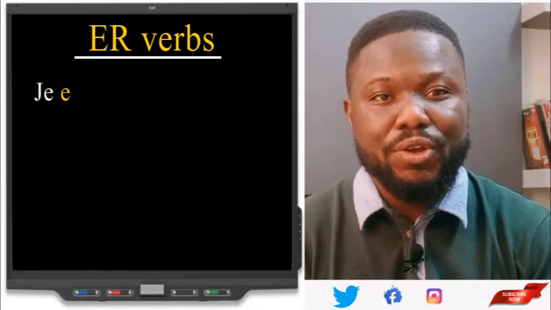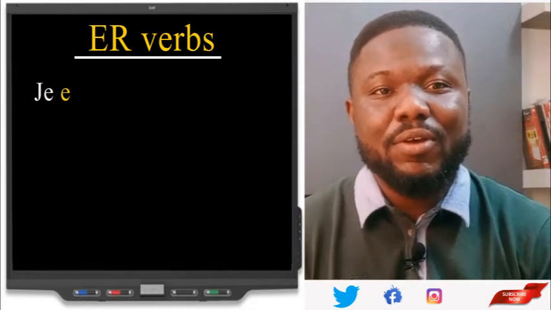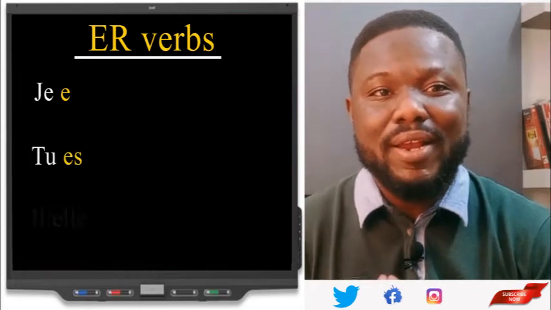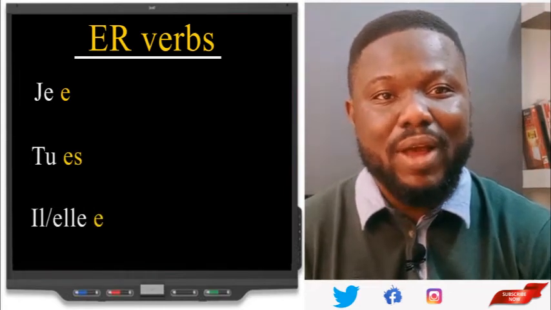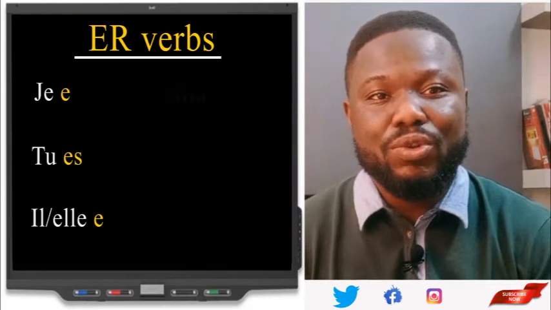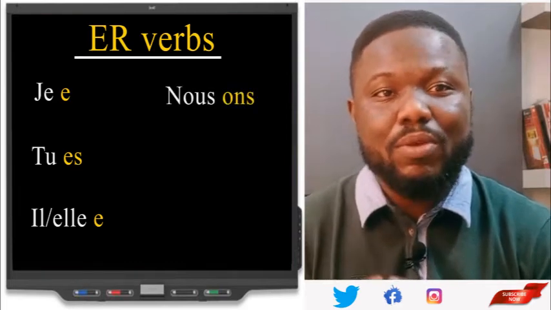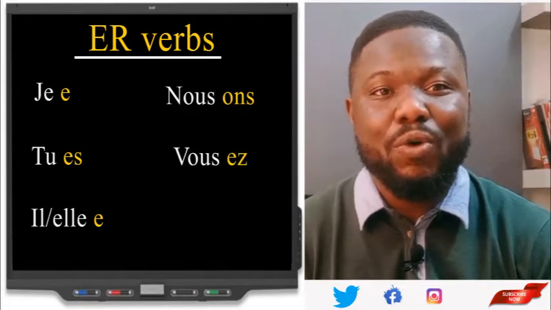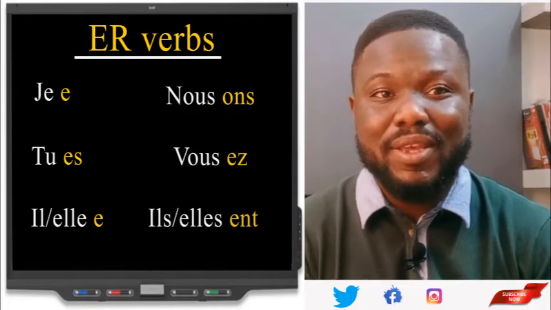For je, you add E. For tu, you add ES. For il and elle au singulier, you add E. For nous, you add ONS. For vous, you will add EZ, and for ils and elles au pluriel, you will add ENT.